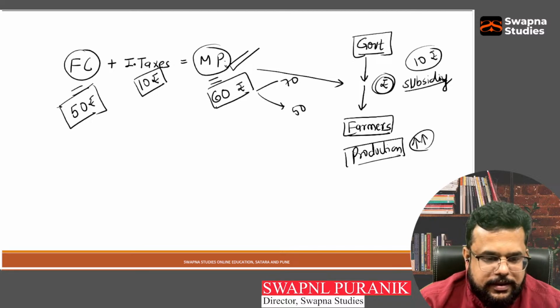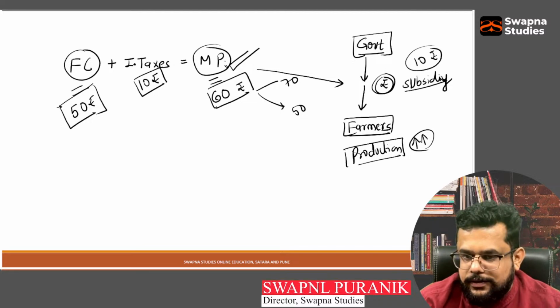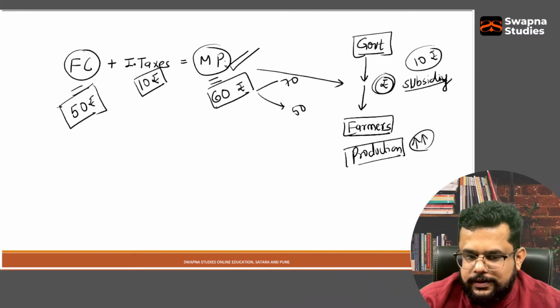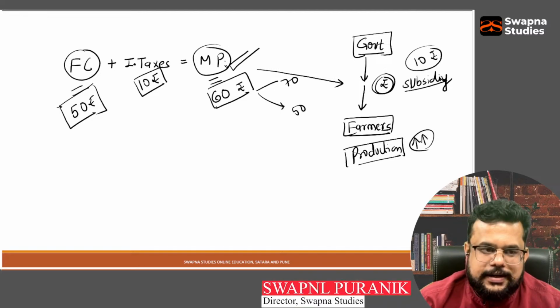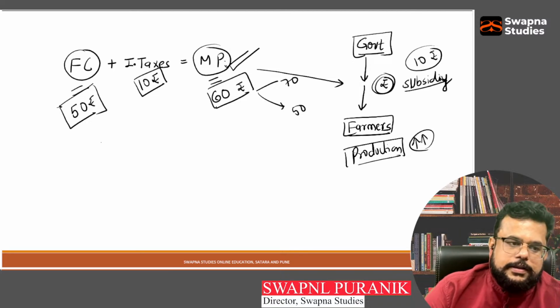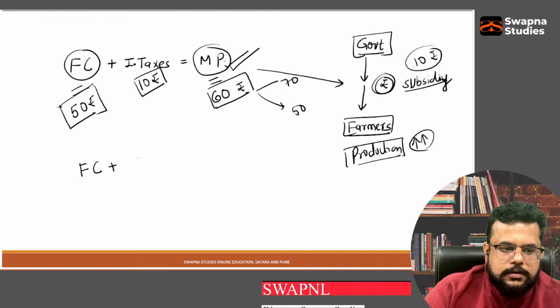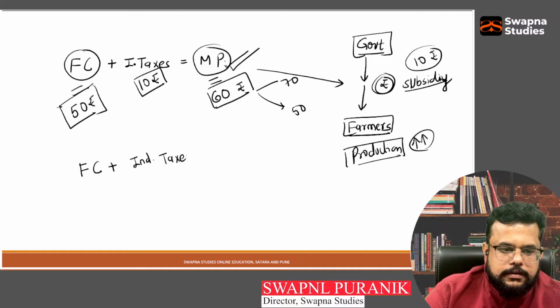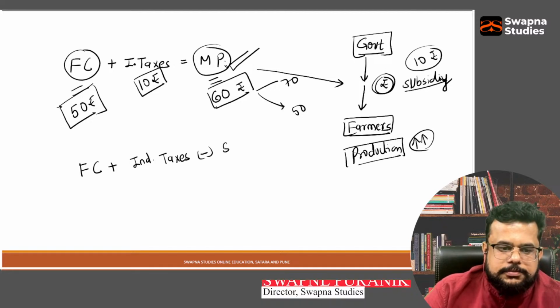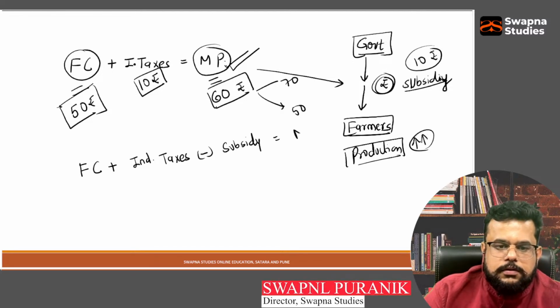Yes, Ritu has just answered that we have to subtract the subsidy. Exactly, very good Ritu. See the formula now: factor cost plus indirect taxes minus subsidies is equal to market price.